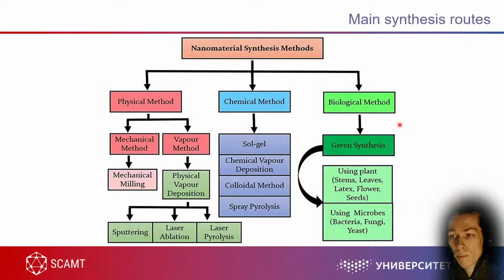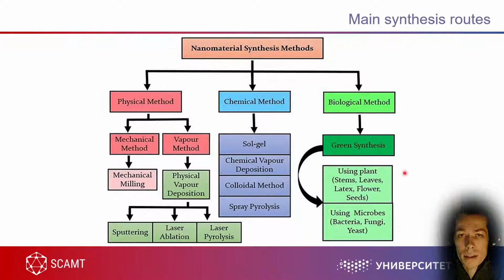If we look at green synthesis, it's not called green because we use green colored reagents or something like this. It's because we use something that occurs in nature. Green synthesis was originally called green because it used plants like leaves or roots to produce particles.